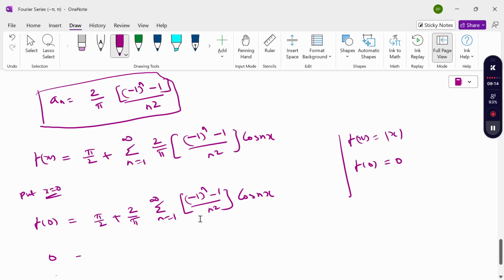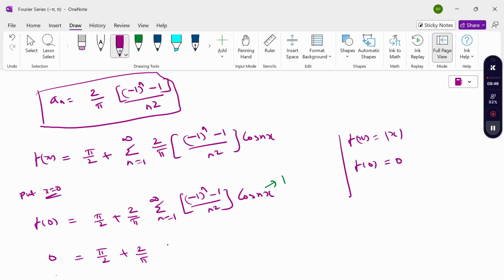Therefore 0 equals pi by 2 plus 2 by pi. When I substitute n equals 1, minus 2 by 1 square, and cos 0, the whole term is 1. So now this term is 1.